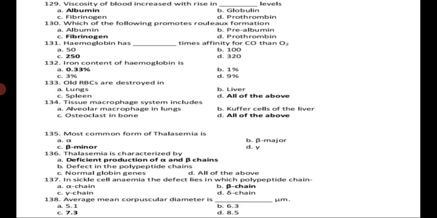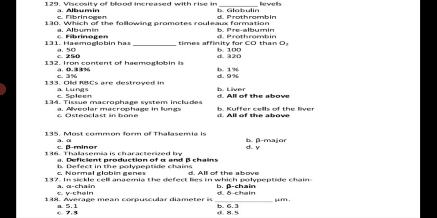Question number 137, in sickle cell anemia, the defect lies in which polypeptide chain? The anemia is a result of a mutation in a single nucleotide.